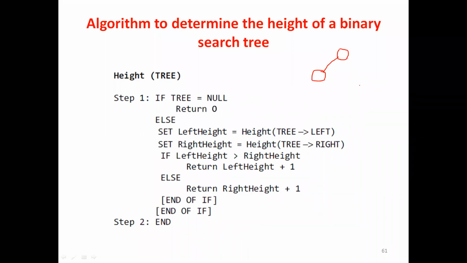Let me draw a small tree for this example: A, B, C, and we also have a D. Consider that this is a binary search tree. Initially we call the function height, passing the tree, which is nothing but passing A, because A is the root node.